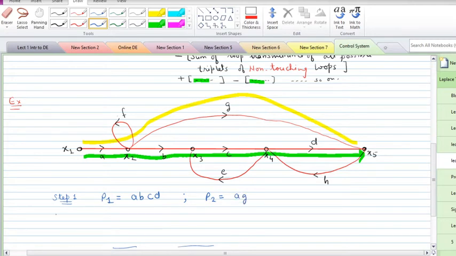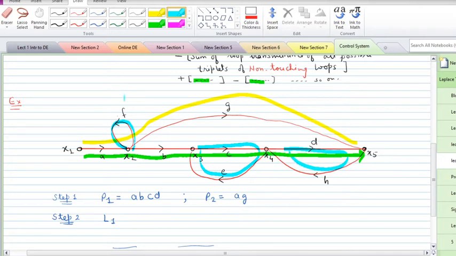Now in the second step, you have to find all possible individual loops. This is a loop here, this is a loop here, and this is a loop here.